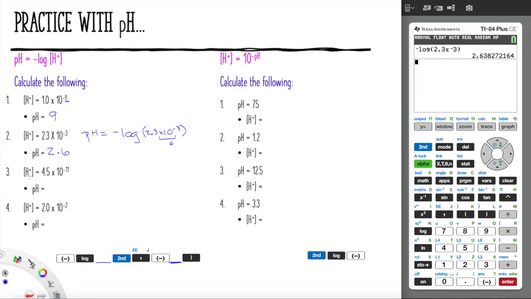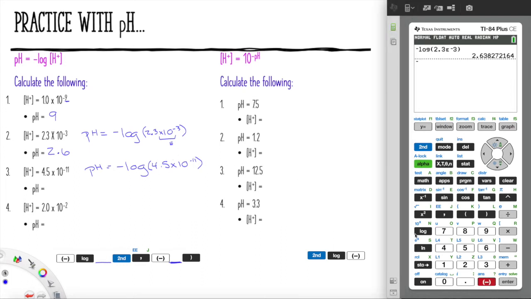So this hydrogen ion concentration is 4.5 times 10 to the negative 11th. I'm going to put that into my equation. pH equals the negative log of 4.5 times 10 to the negative 11. So let's calculate this in our calculator. I'm going to hit negative log 4.5, second E, negative 11.